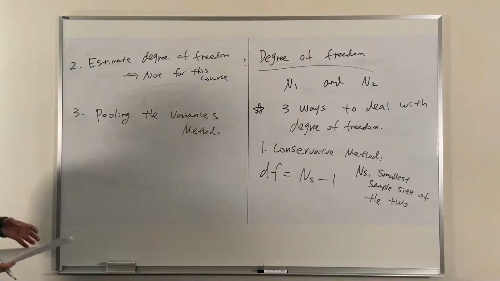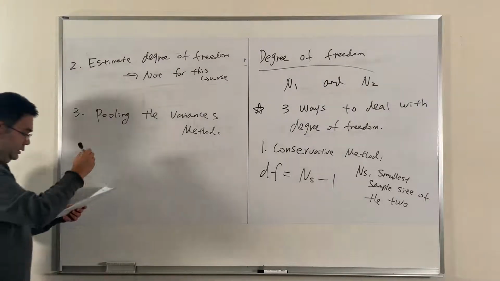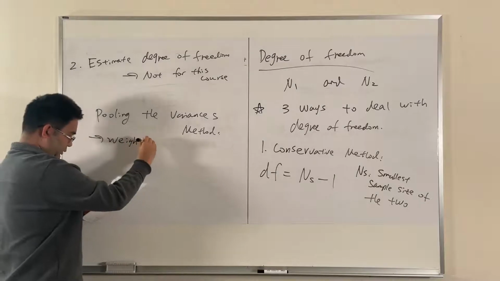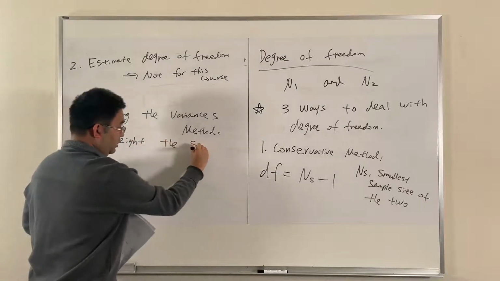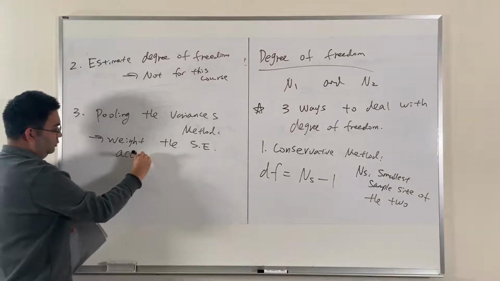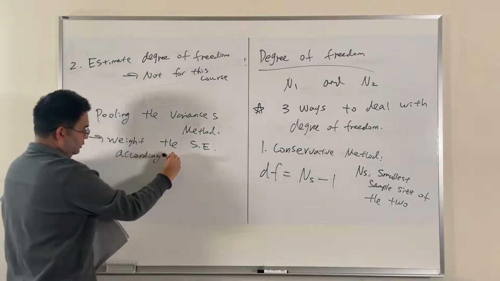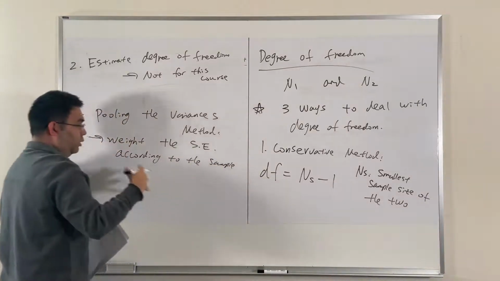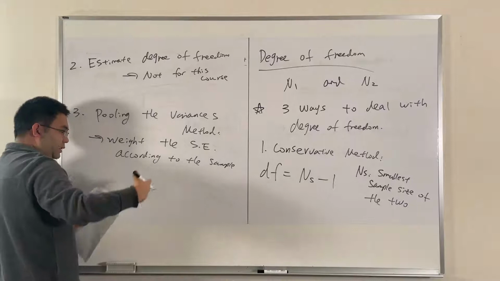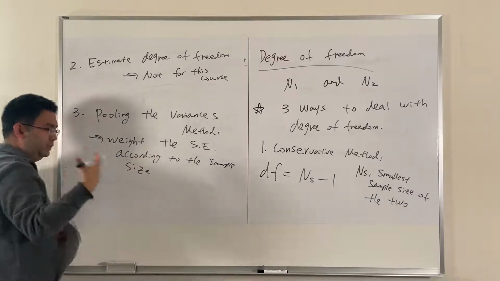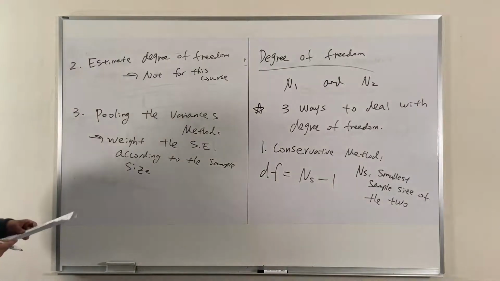The concept behind the pooling method is you're going to weight the standard error according to the sample size. We're going to weight the standard error based on the sample size. And this is the concept behind this pooling.